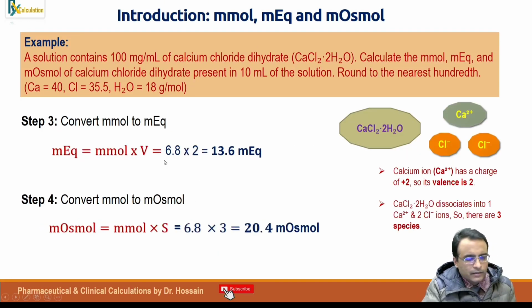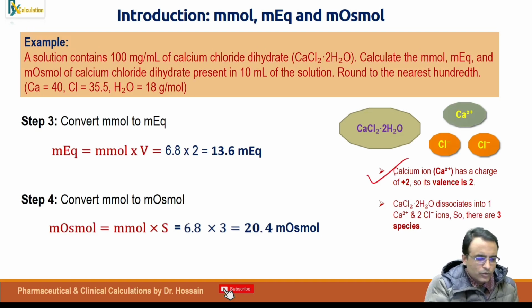As I said, to calculate milliequivalent, you simply need to multiply the millimole by its valence number. So the millimole is 6.8 times 2, which is 13.6 milliequivalent.